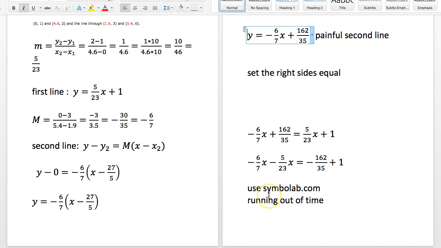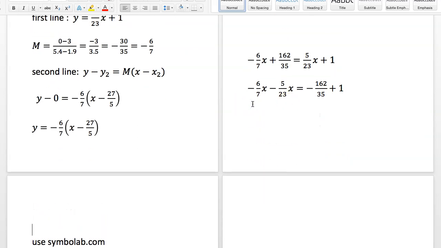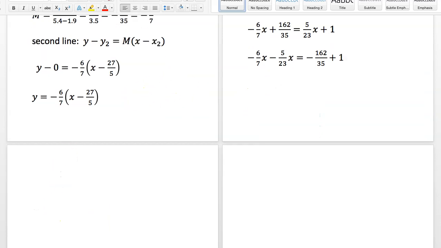Well, I'll be. I can't figure out where I went awry. So let me just scoot this down and copy this guy. I would at least like to see 23 times 6, 18, right?